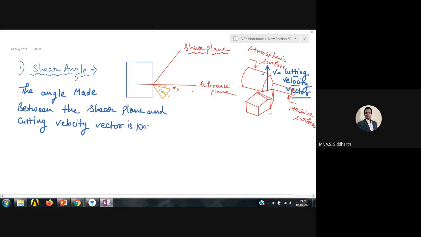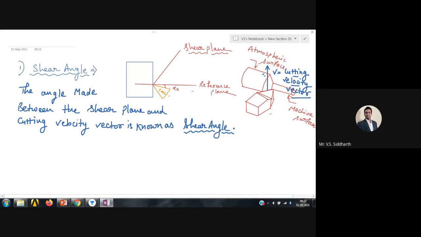It is known as the shear angle. The angle made between the shear plane and the cutting velocity vector.